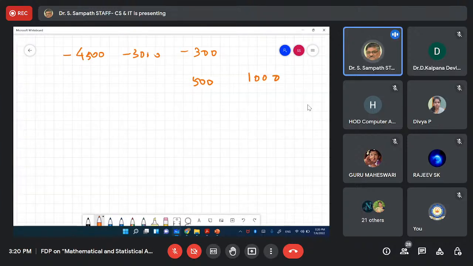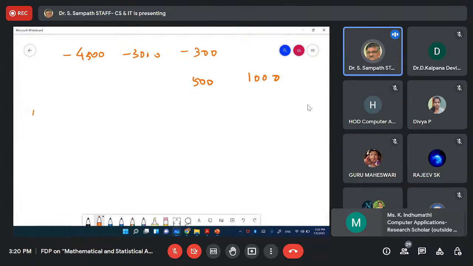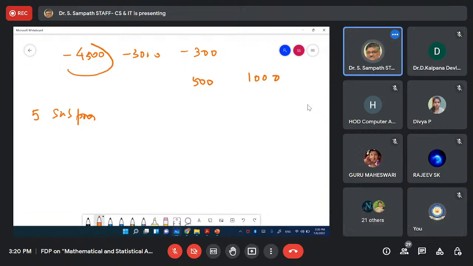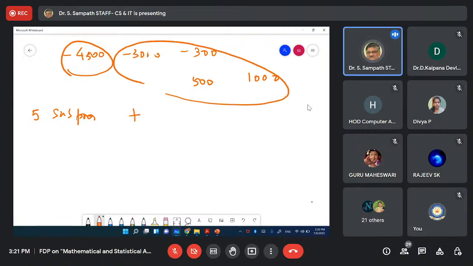Since I have 5 classes, I will create 5 sub-problems. So minus 4,500 will be taken as the positive class, and the remaining will be taken as the negative class. Similarly, minus 3,000 will be taken as the positive class, and the rest will be taken as the negative class.